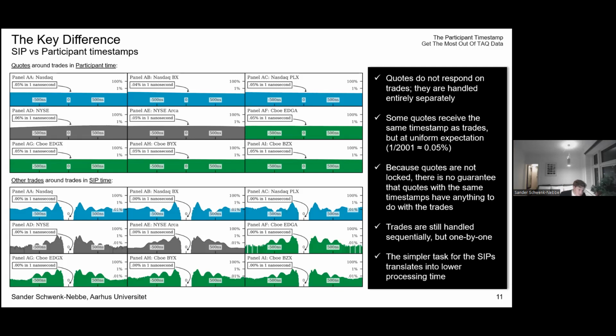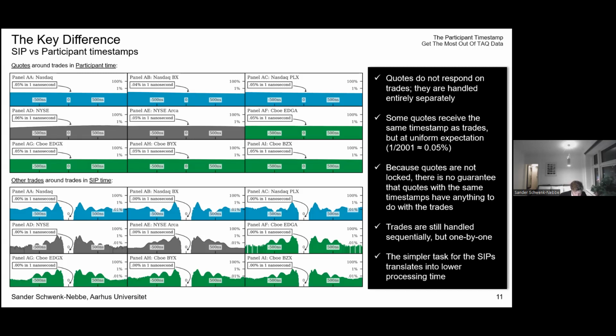We have quotes here. So how many quote updates in that same security and exchange have the exact same timestamp in this interval? This interval in this case spans plus minus 100 nanoseconds, for instance, around a trade. So each bin here will tell you how many quotes have that timestamp.